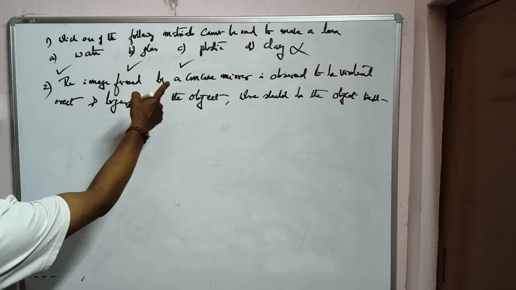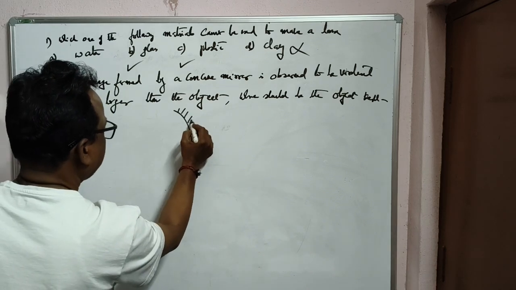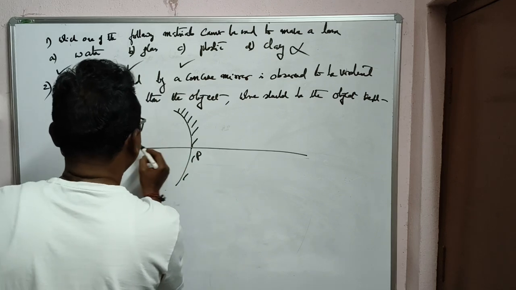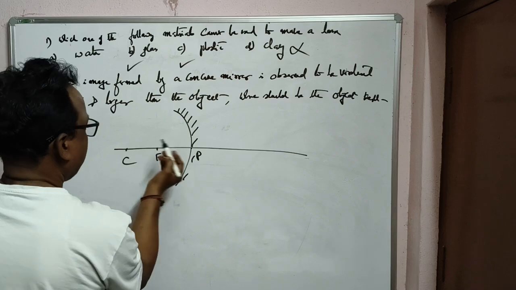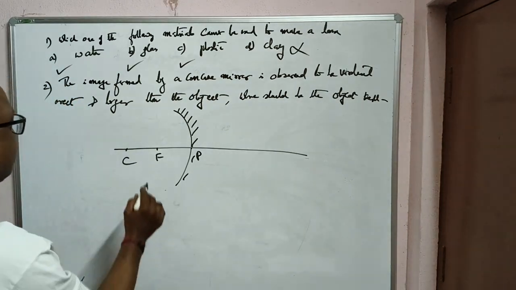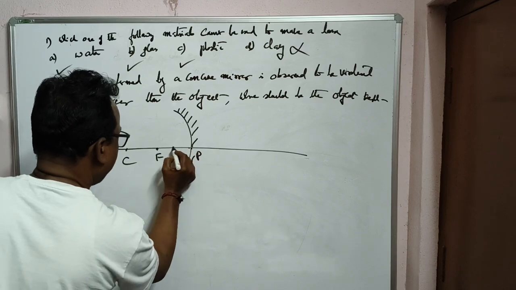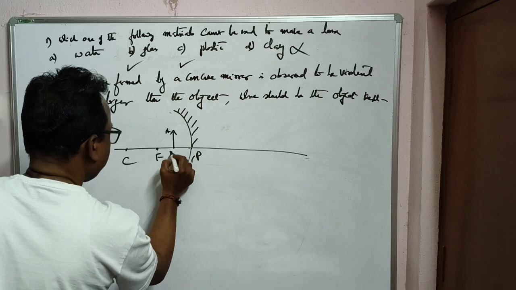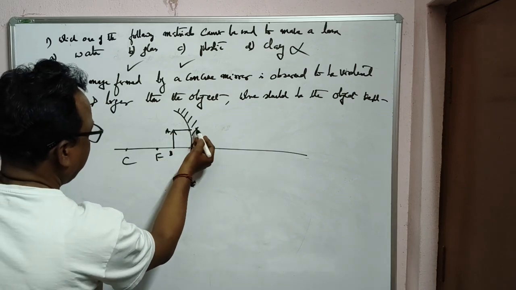So if the image is formed by the concave mirror, this is the concave mirror. This is the pole, this is the center, this is the focus F. I already told in the theory points where to keep the object. If you keep the object between the focus and pole, then you can see the image.